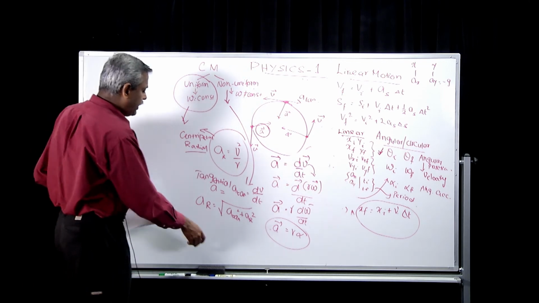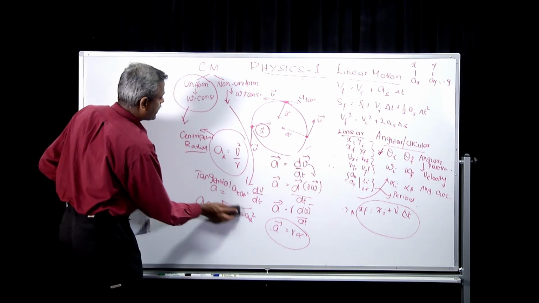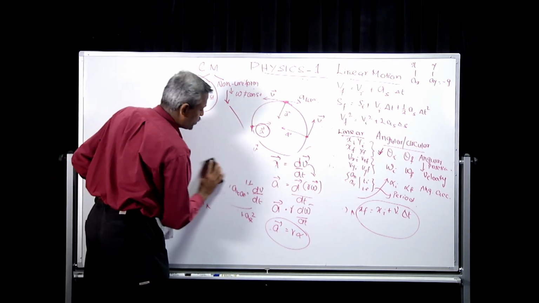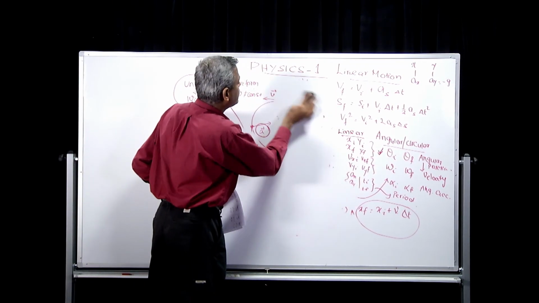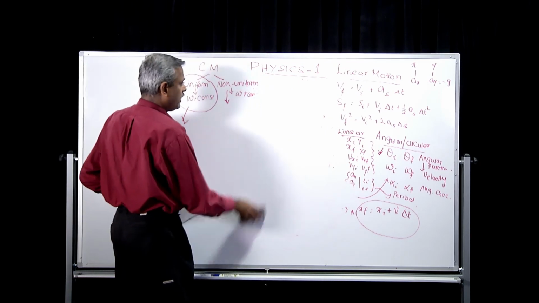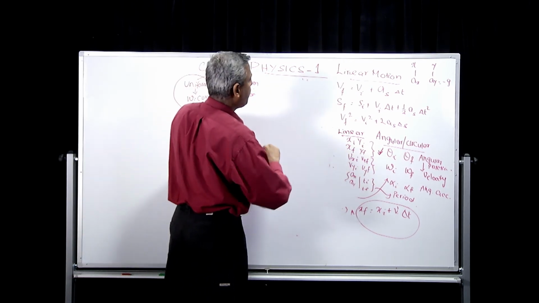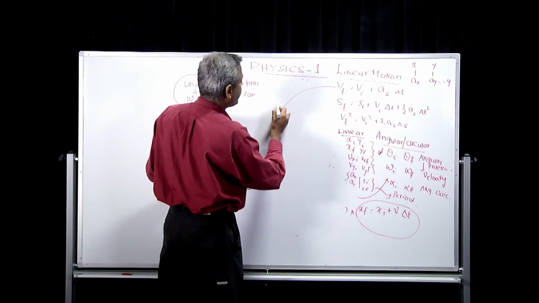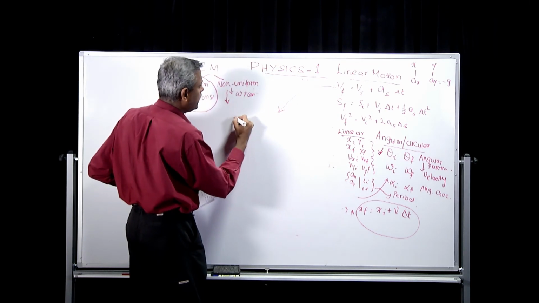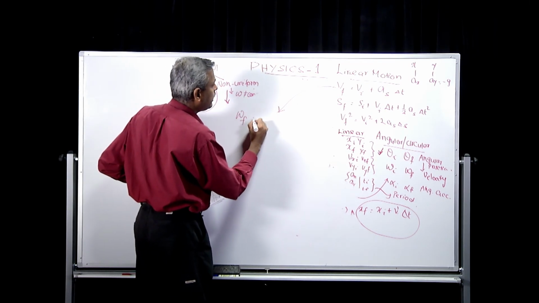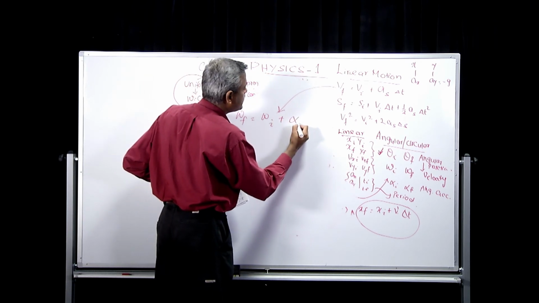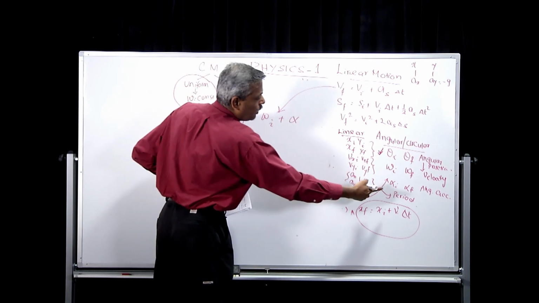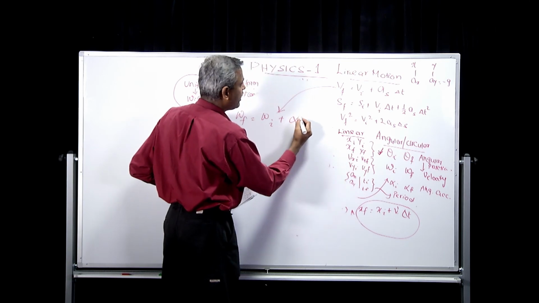I am going to leave you with only 3 more equations for circular motion, very similar to what I wrote previously for linear motion. Omega final is omega initial plus alpha delta t, where alpha is my acceleration.